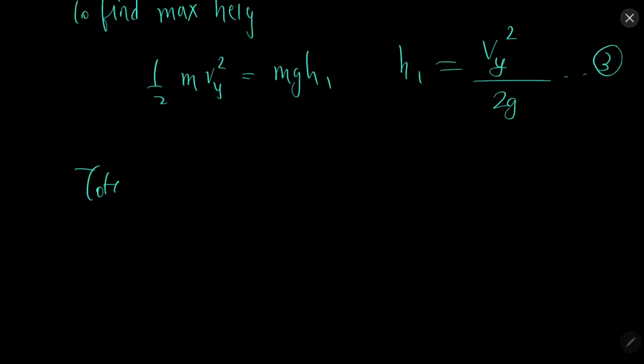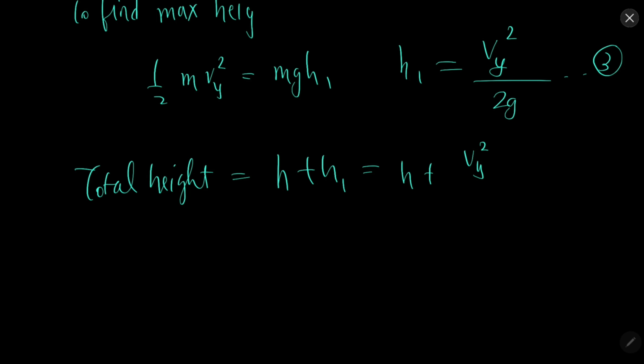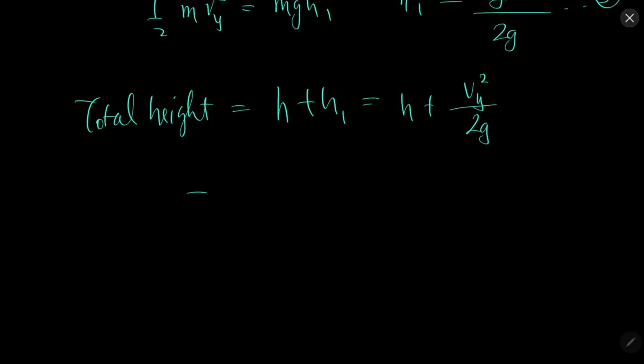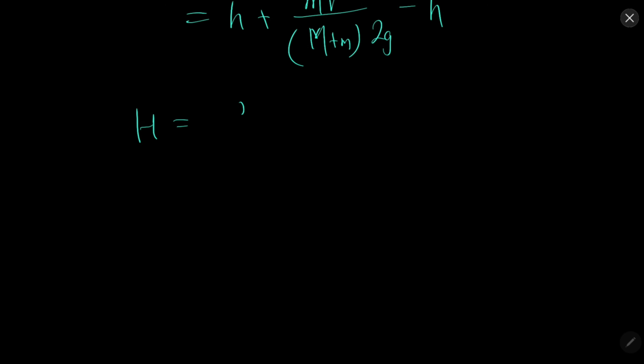So the total height will be h plus h1, that is h plus vy square over 2g, or h plus M v square over (M plus m) 2g minus h. So the total height will be M v square over (M plus m) 2g.